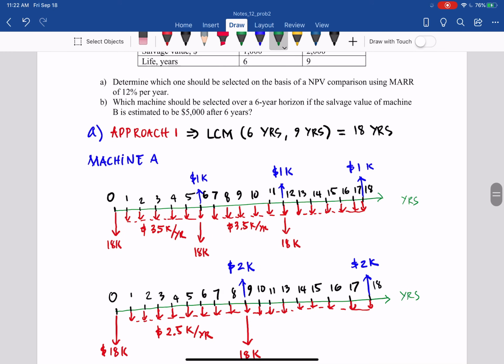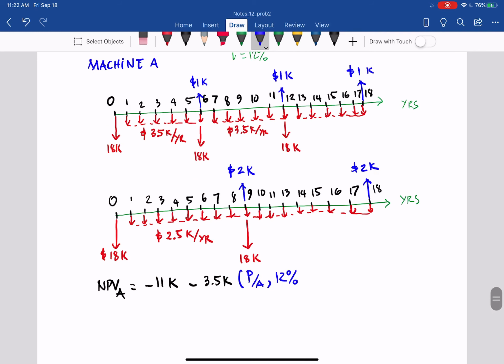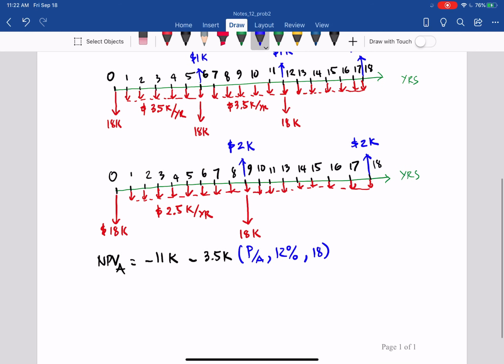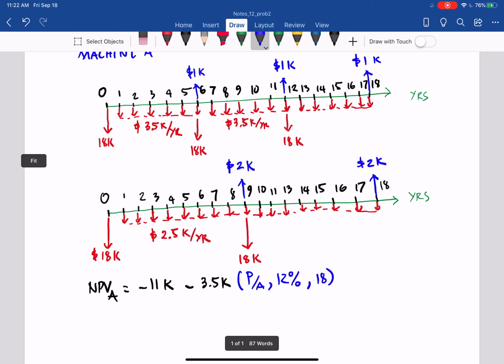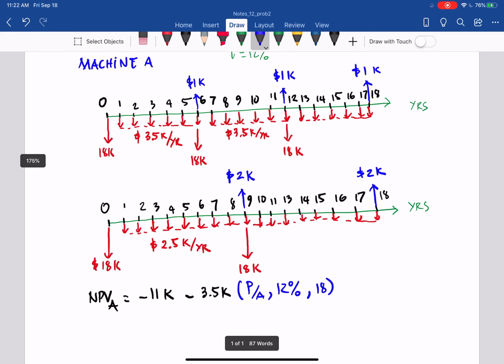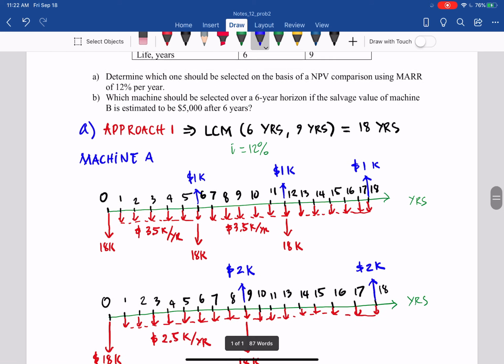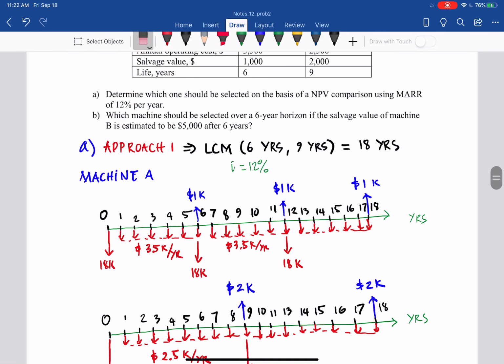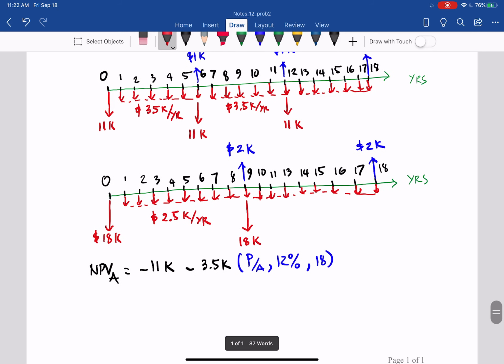So we have 12% and 18 years. And then at year 6, we have to spend, you see, change that one. This should be 11. For A, we only spend 11.